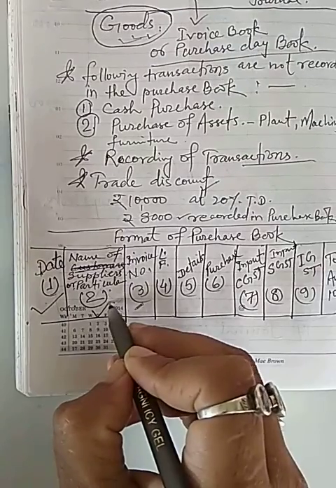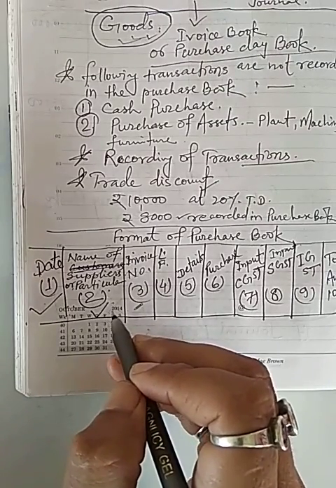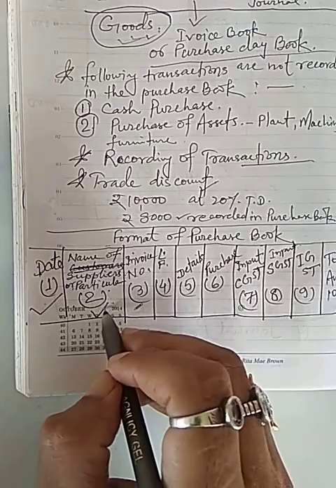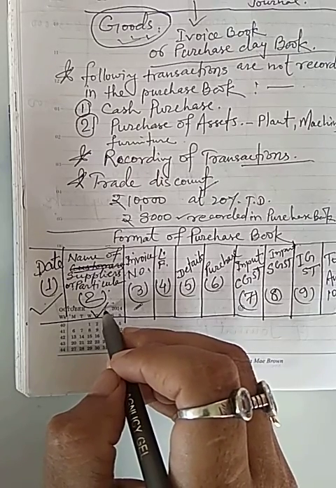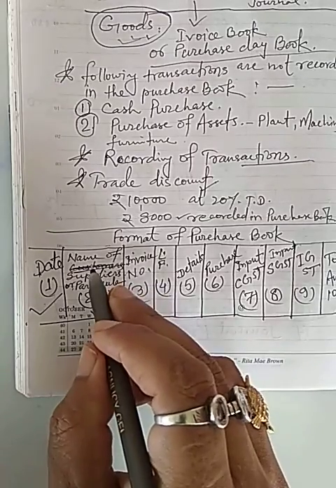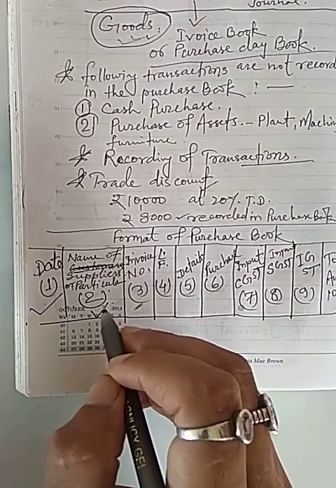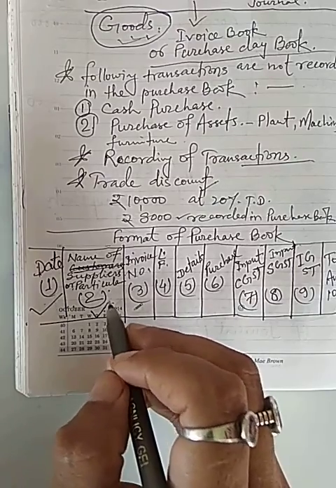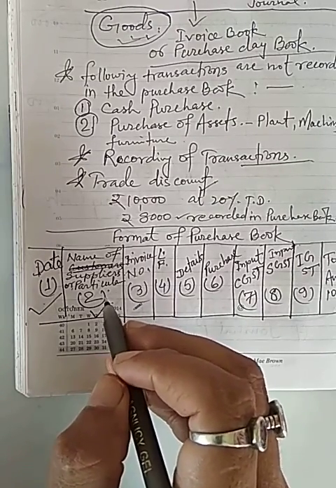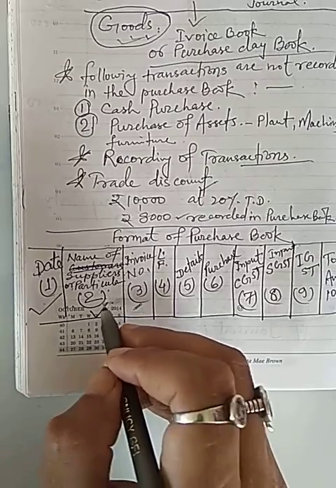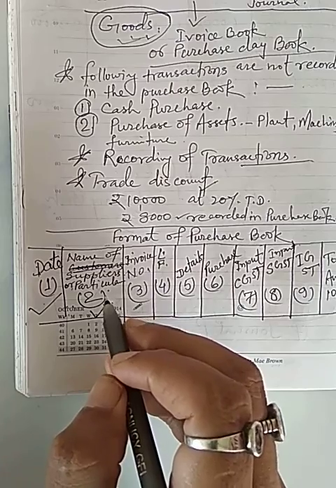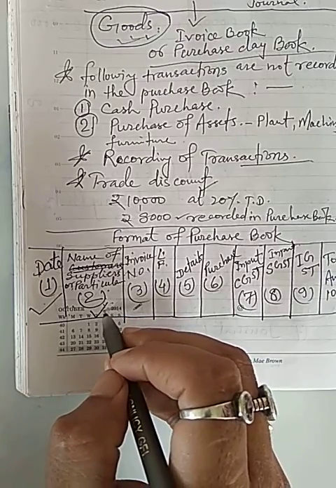Name of the persons or firm from whom the goods are purchased is written in this column. Also, it contains the description of the goods purchased, its quantity, rate, gross amount, and trade discount, etc.